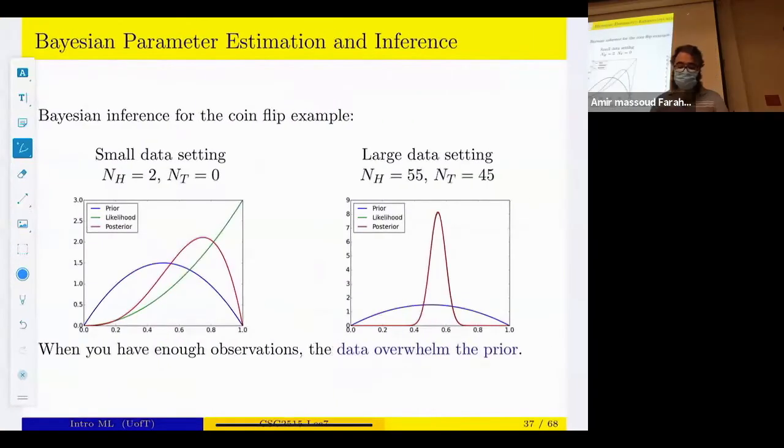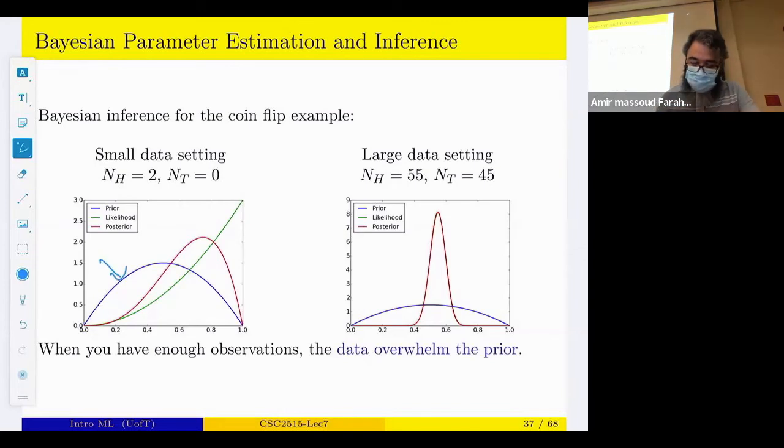Okay, let's see how it looks if you want to do Bayesian inference for a coin flip example. In each figure, I'm showing the prior, the likelihood function, and the posterior. The prior is the blue curve.